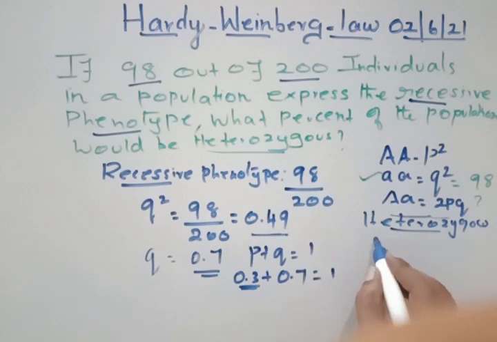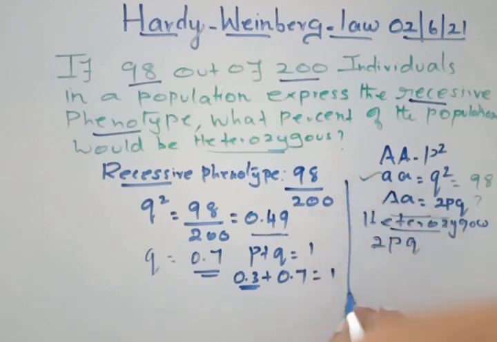So that is the formula for the heterozygous, 2pq. Okay, right. So that means 2 into p value is 0.3, q is 0.7. If you multiply all this, you will get 0.42.